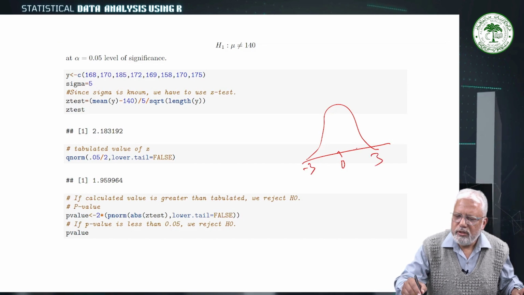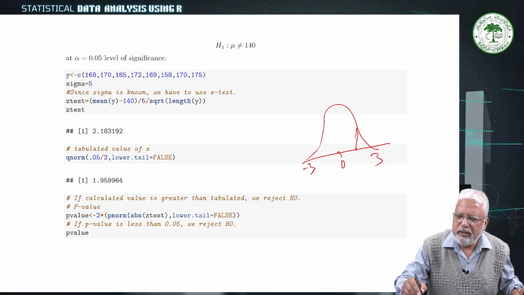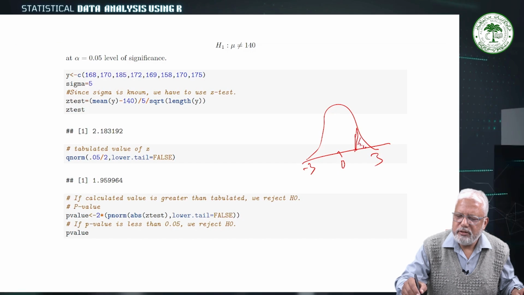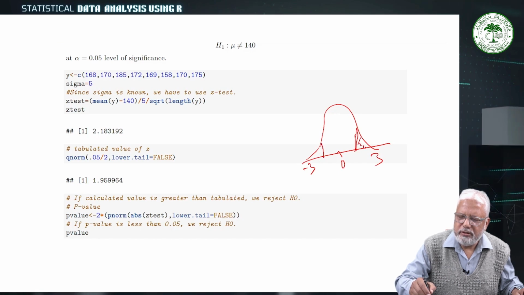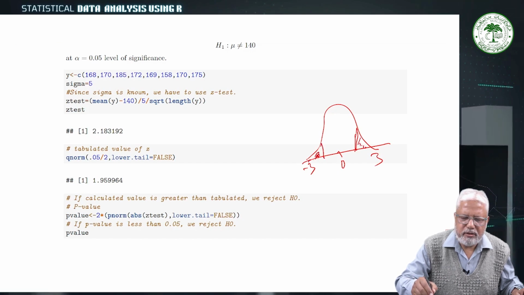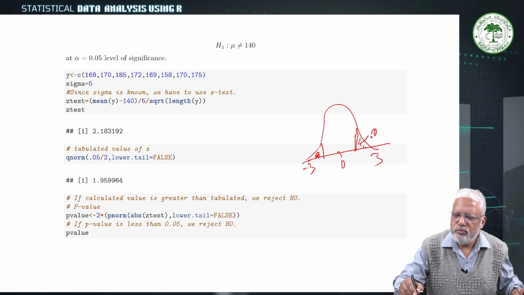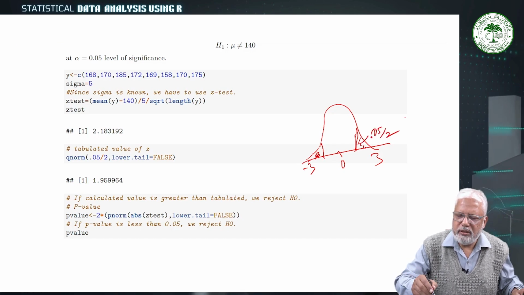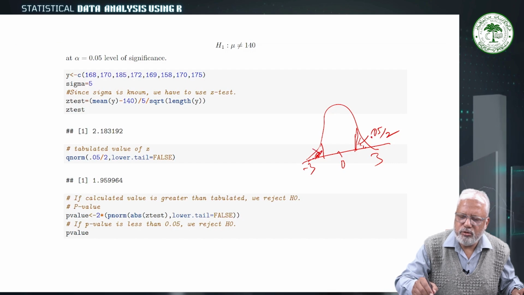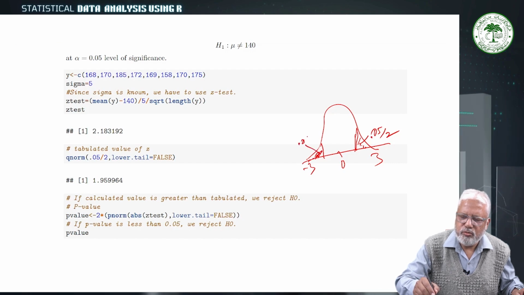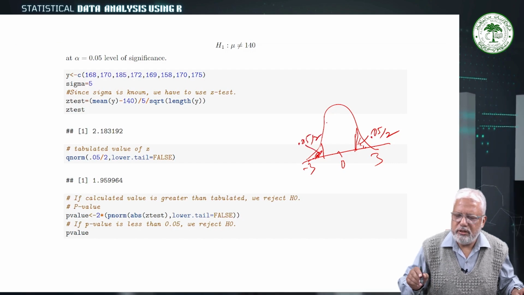Here the area in this region is 0.05 by 2, and 0.05 by 2 is in this region.